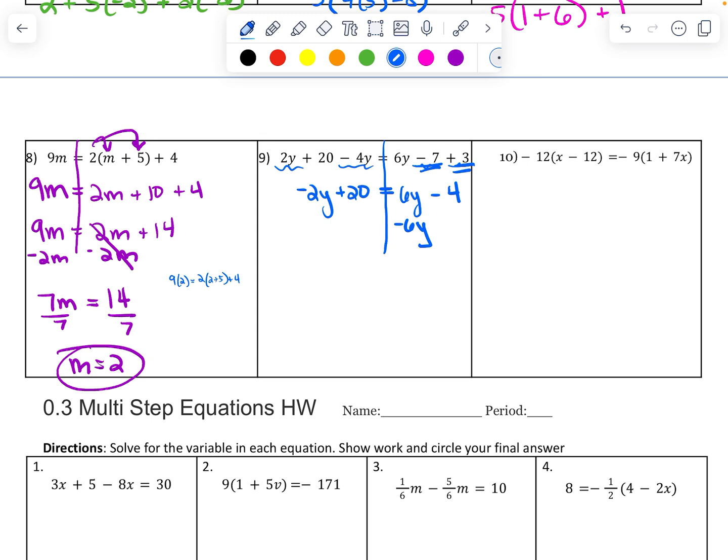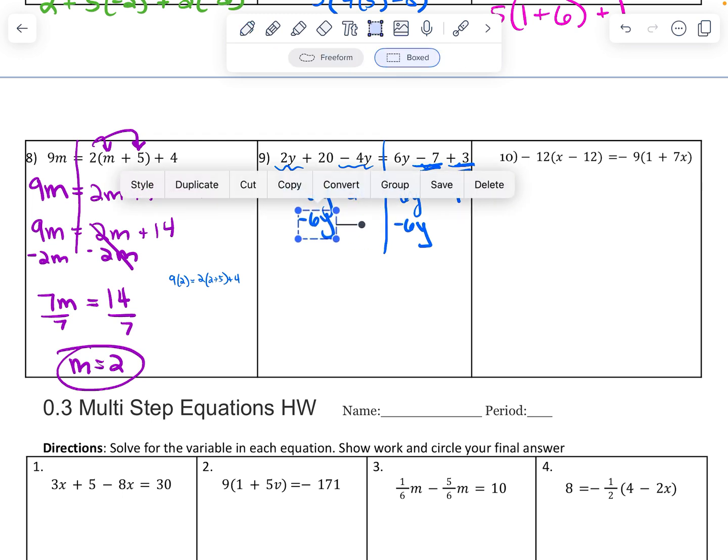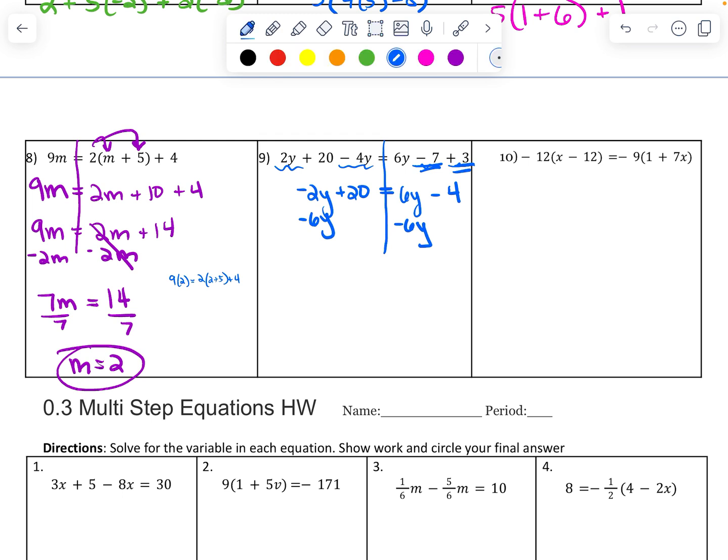Now, this is important. I get students that accidentally put that 6y under the 20. I am not going to put it under the 20, because I want it to be with its like terms. So I am going to put it under the 2y because that is the like term it would go with if this was in a single line, right? So I've got my 6y's gone.